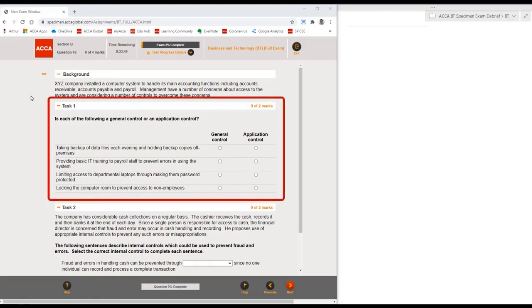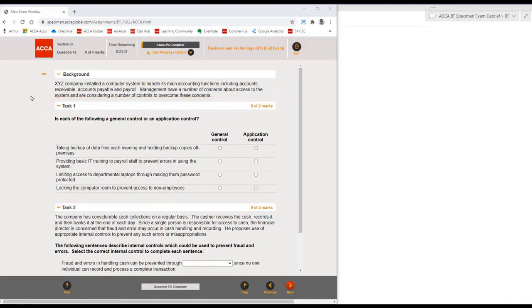It's worth 2 marks. Is each of the following a general control or an application control? Well, to answer this, obviously we need to know what is meant by a general control and an application control. General controls are around the overall reliability of the data generated by the IT systems.